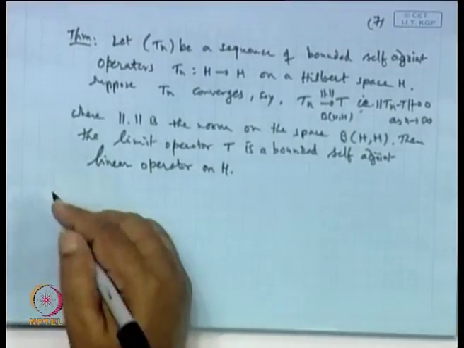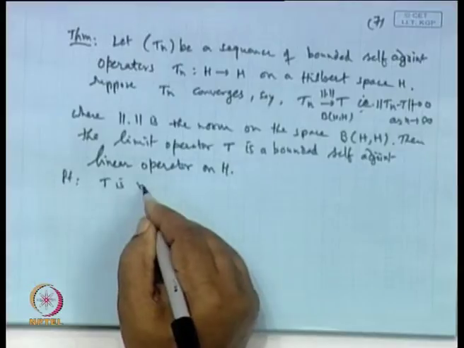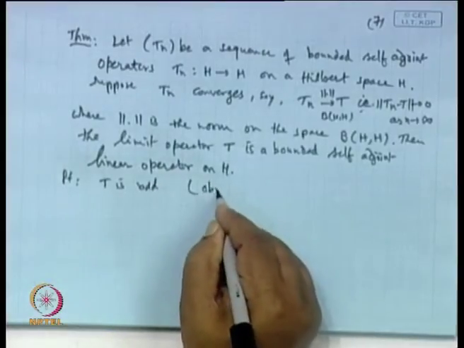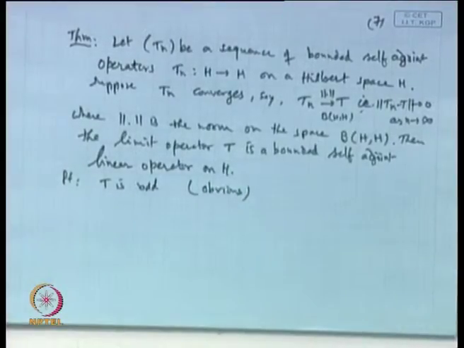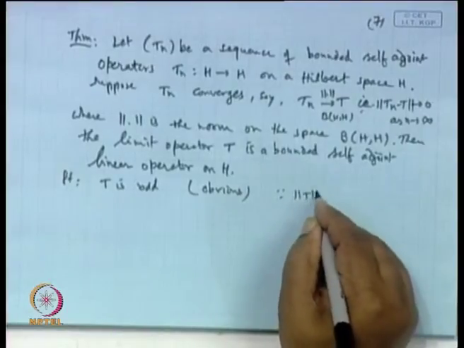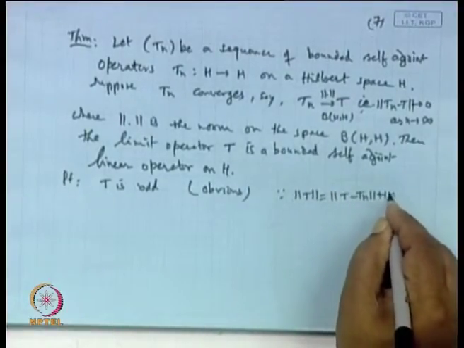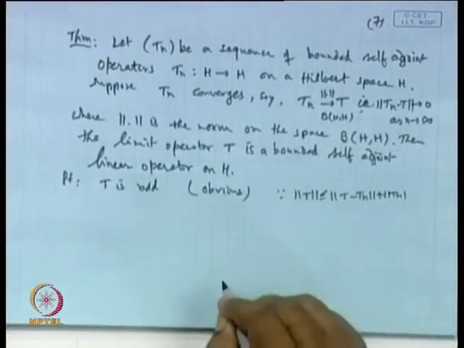Now, clearly T is bounded. I think it is obvious. If Tn is a sequence of bounded linear operators, the limiting operator will also be bounded. Why? Because the norm of T can be written as norm of (T minus Tn) plus norm of Tn, less than or equal to.